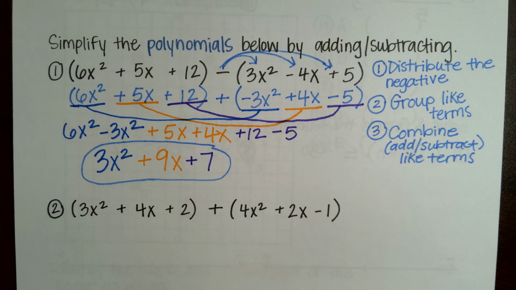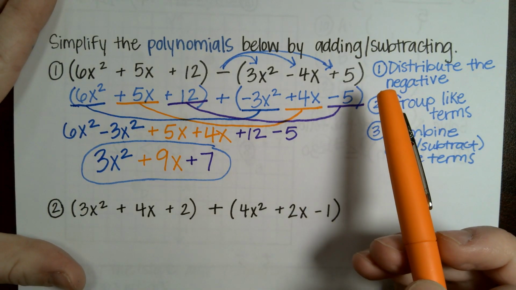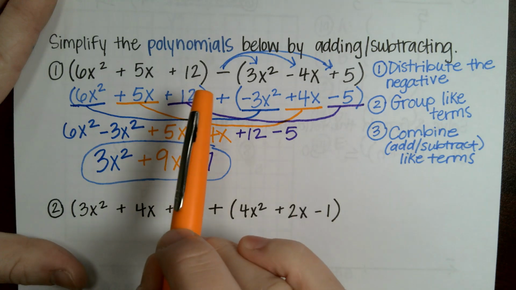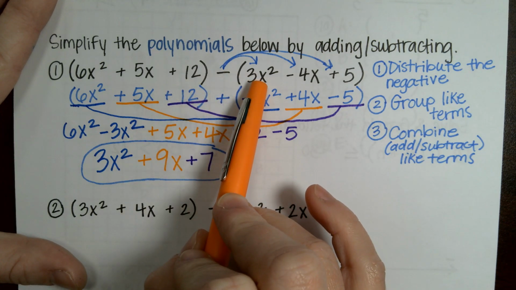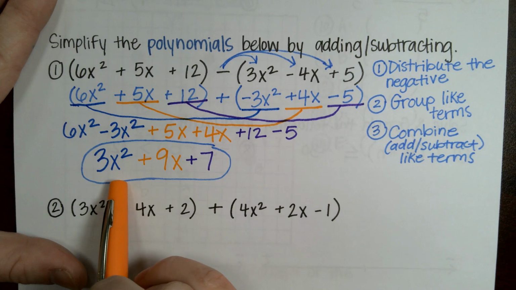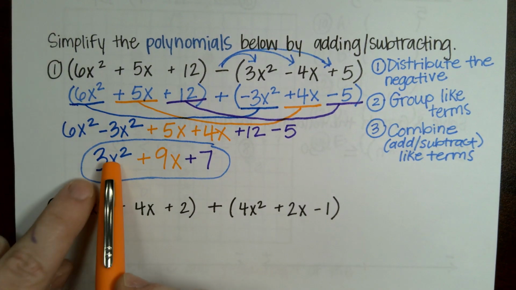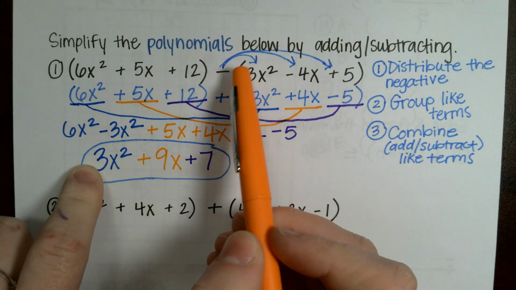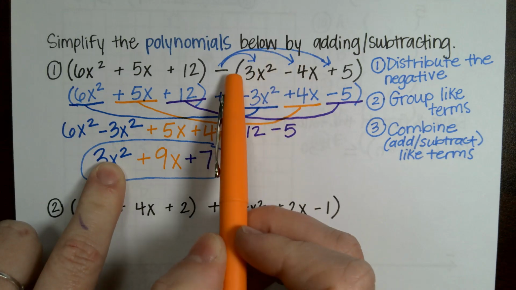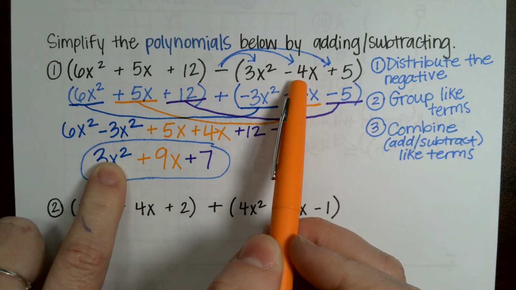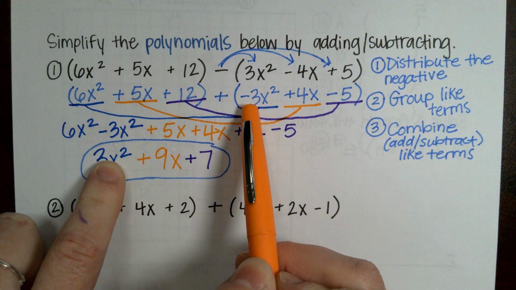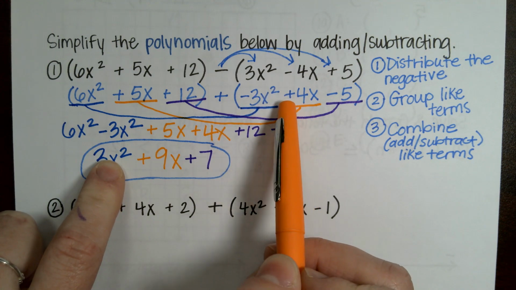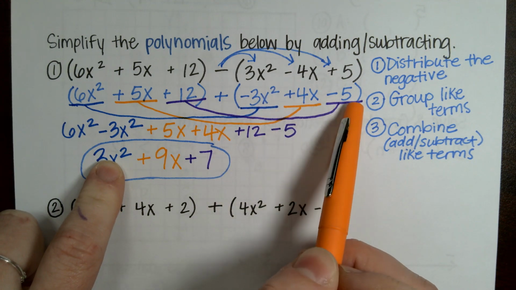Okay. What step are you looking at? The 3x. Right here? How you got your answer? Okay, so did you get this far, step 1, where we distributed the negative? Okay, and you feel good about getting negative 3x squared plus 4x minus 5?